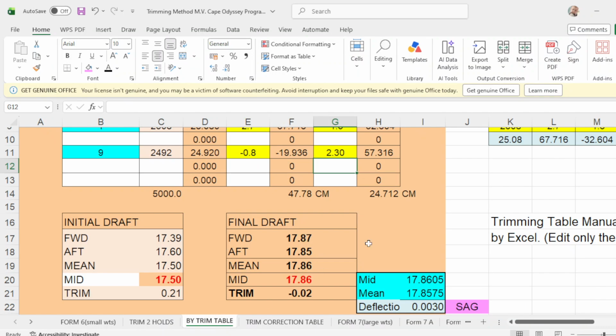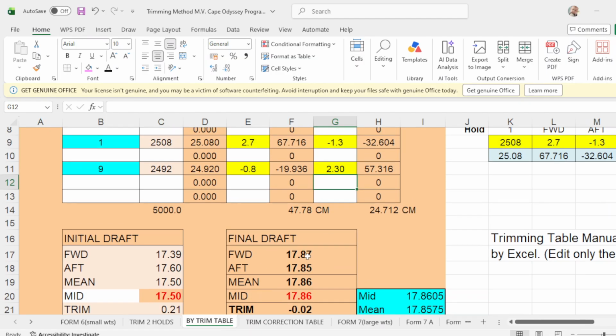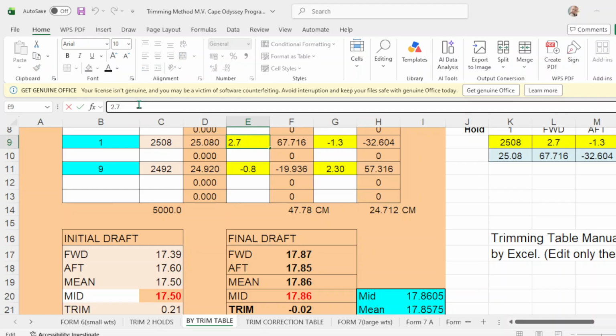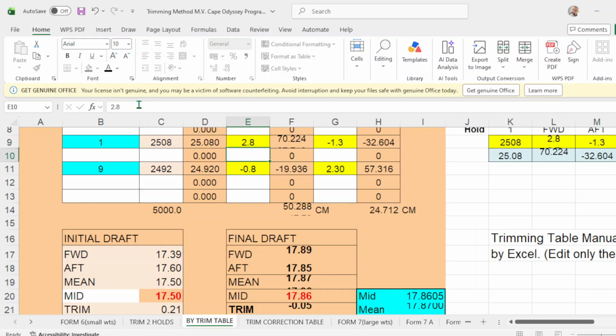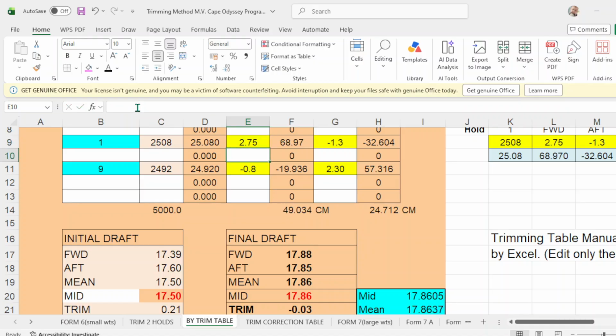So we will adjust this one. Go up a little bit. So we will make this 17.86. So let's say make it 2.8. Take note what happened. Too much. Make this 7.75 in the middle. 8.8.